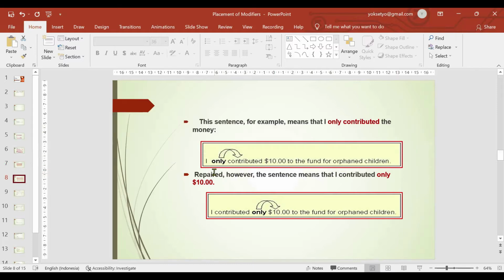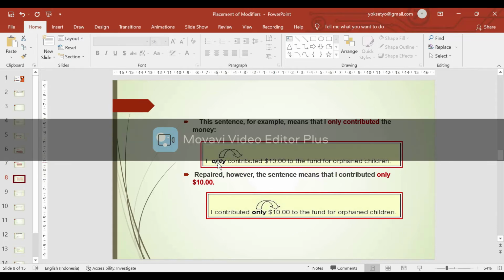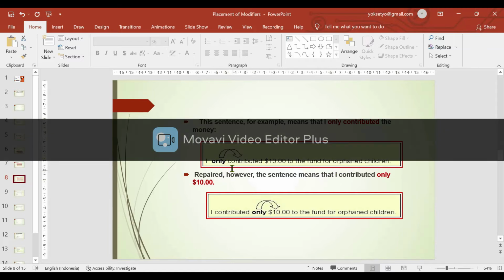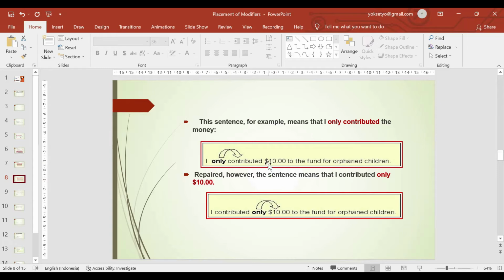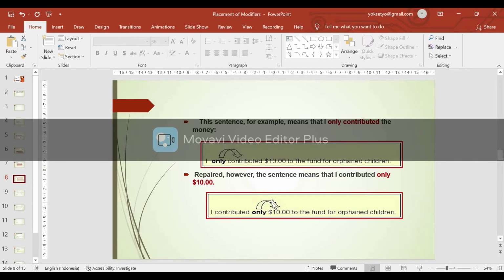In this case, when you place the adverb only before the word contributed, it means that only modifies the verb contributed. But actually, the writer wants to say that only refers to the amount of money, right? The dollars.